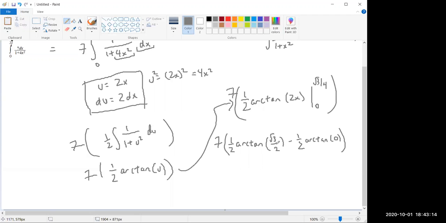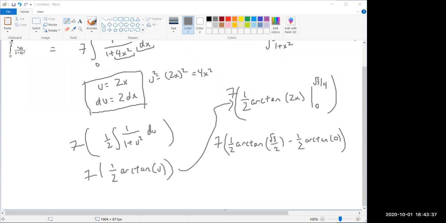Radical 3 over 2. Wait, is that on the unit circle for arctan or no? I don't remember. Is there an angle on the unit circle that has a tangent of radical 3 over 2?